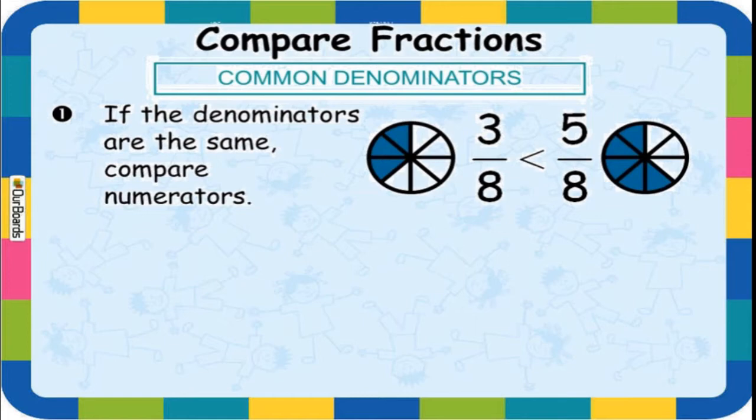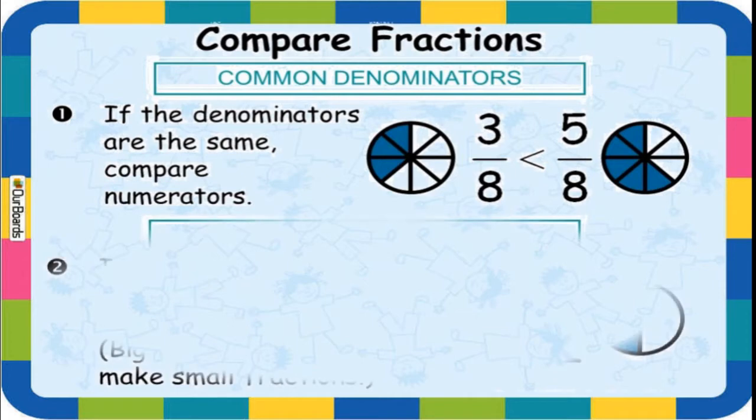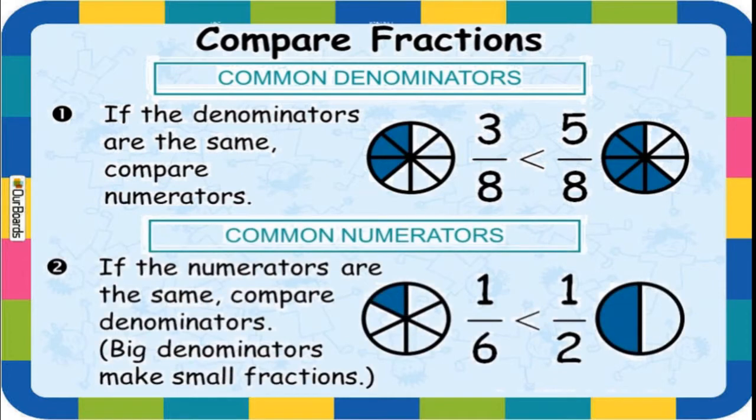We ignore the denominators and only compare the numerators. Here 5 is greater than 3. So 3 upon 8 is less than 5 upon 8. Correct?